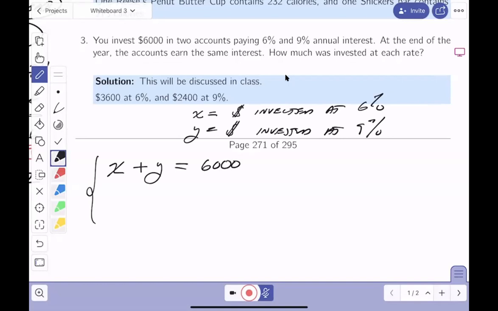I know that the interest earned on both of those accounts at the end of the year is identical. This is a simple interest problem. And what's the interest going to be? Principal times rate. So what do you get over here? Well, from the first account, you got 0.06x is identical to 0.09y. All right. Now, someone says, how do you want to solve that? Well, I'm going to use substitution this time.